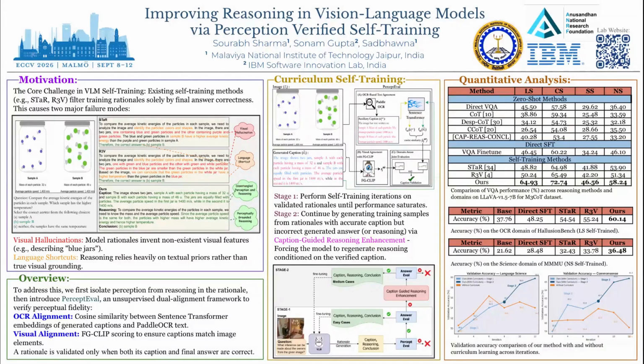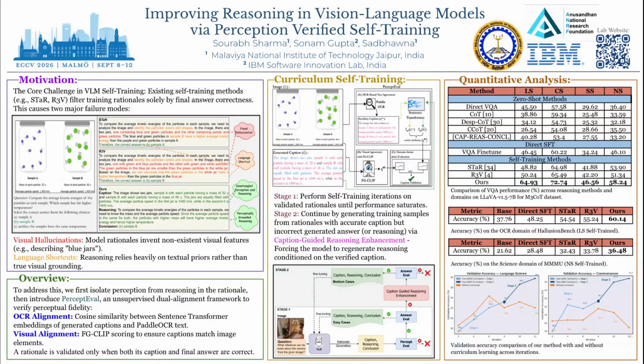So we need our generated caption to align with both the text details, or OCR details, as well as the visual details. To check whether the caption aligns with the OCR details, we propose a method. There is a lightweight package called Paddle OCR. We generate the OCR of the image through this package, so now we have the OCR of the image and we have the predicted caption.